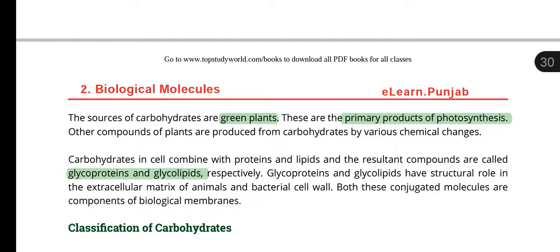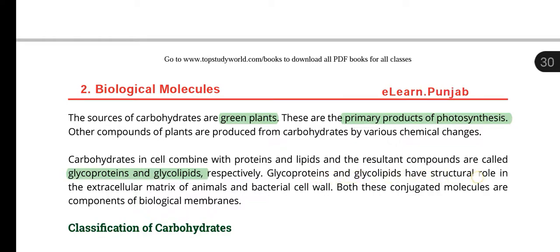Proteoglycans are also a combination of protein and carbohydrates. Glycan is a carbohydrate. But the carbohydrates are more compared to glycoproteins. So in glycoproteins, protein is more, and in proteoglycans, the carbohydrates are more. This is a very important concept.